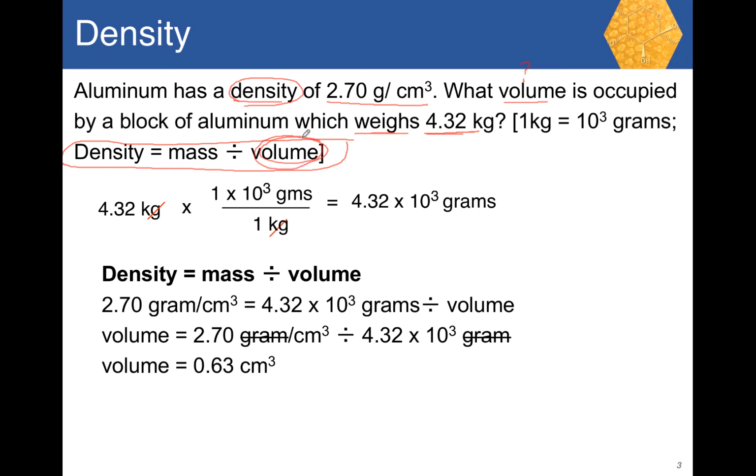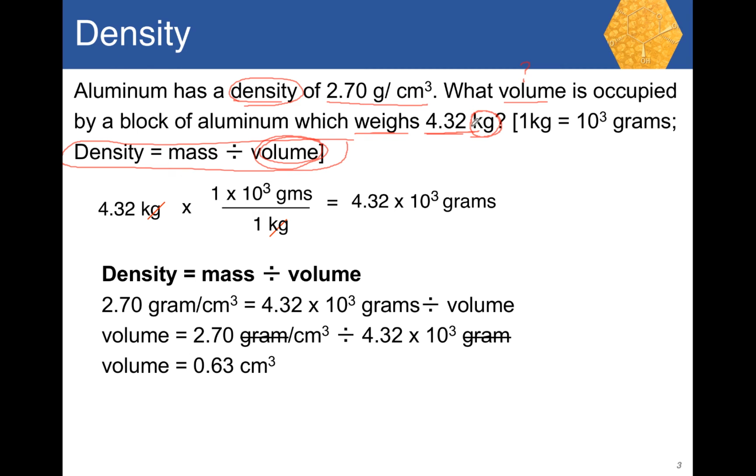So here you'll have to resort to some of the math that you did back in high school or back in your algebra class to solve an unknown in an equation. Notice again, what's given is in kilograms. And we know the unit for density is grams over milliliters or cubic centimeters.